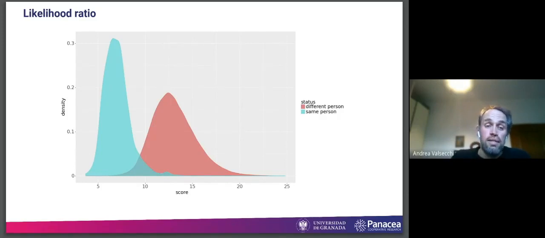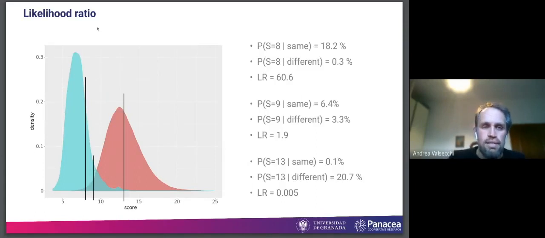We can also see there is some overlap between the two, which is to be expected because this score is not perfect, but at least in general, we know that we get smaller results in one case and bigger results in the other. So now let's finally compute some likelihood ratio values.